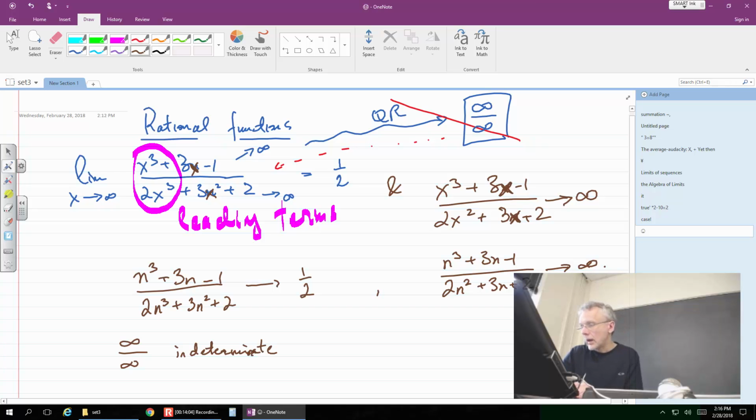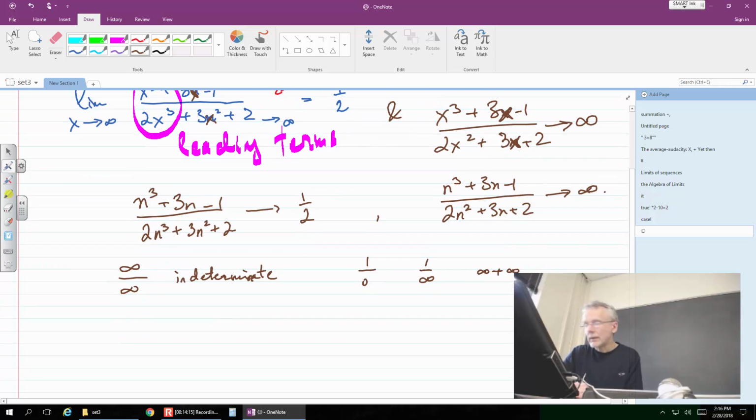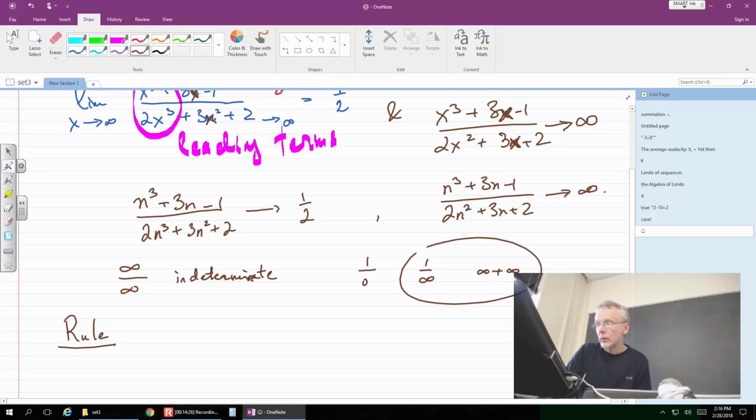But there are others, 1 over 0, 1 over infinity, and then you can have say infinity plus infinity and things like that. Some of them could make sense, and to make sense of especially the last two, there are certain rules that we can use as long as we understand the meaning behind it.